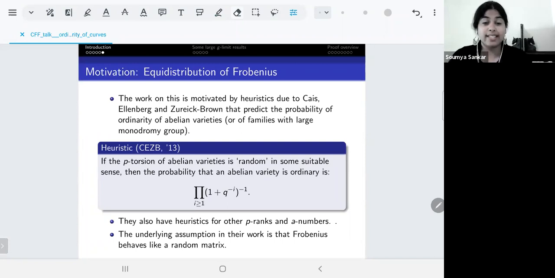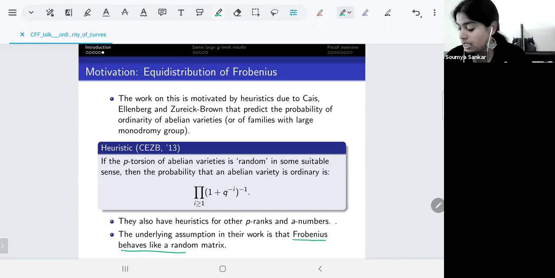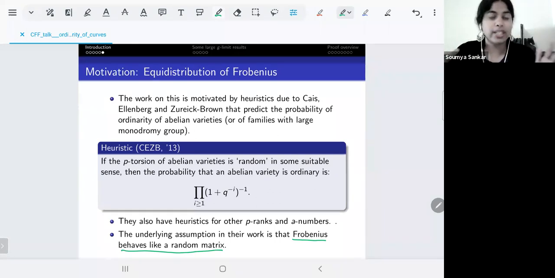Well, the underlying assumption is that Frobenius behaves like a random matrix. If you think about the monodromy group of the space of abelian varieties, then you somehow expect that Frobenius behaves like a random matrix chosen somehow uniformly from this particular coset of Sp2g.